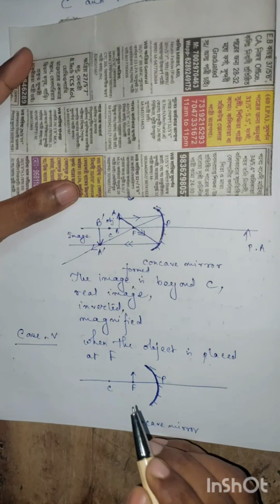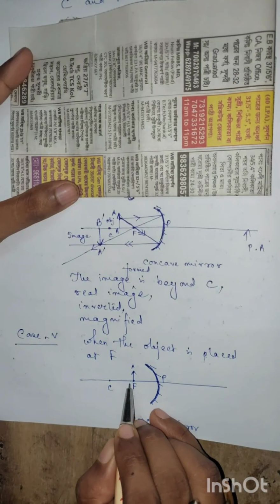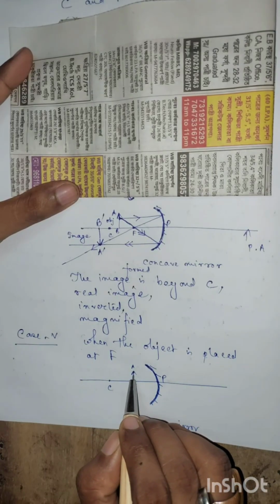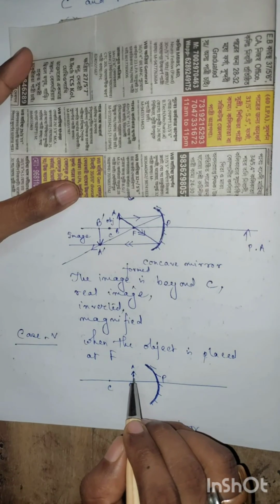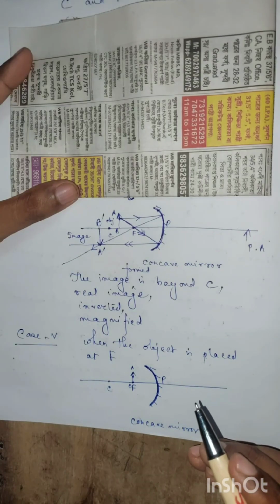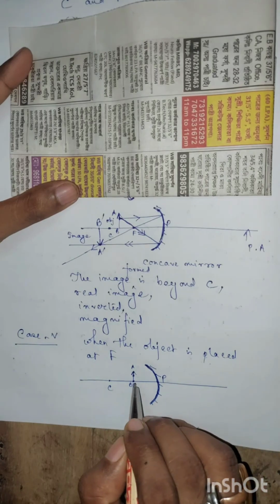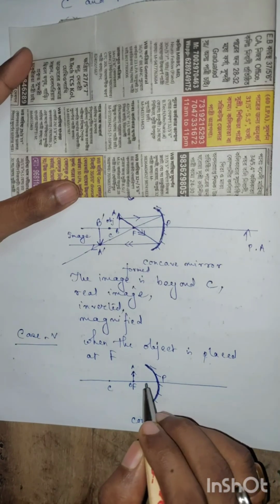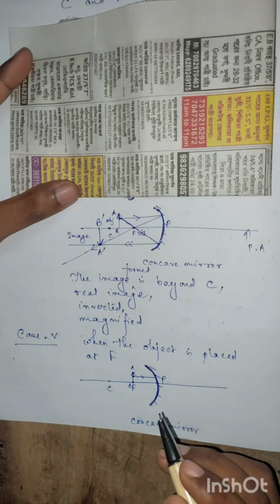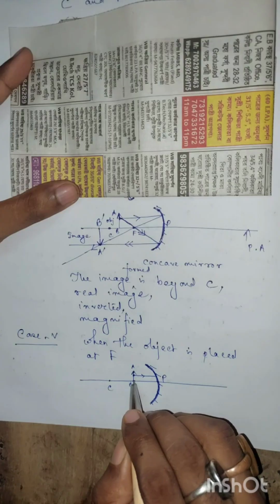Let us assume this is our object AB. Two rays are coming out of this point. The first ray is parallel to the principal axis and it is passing through the focus.